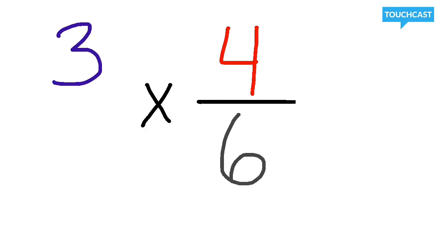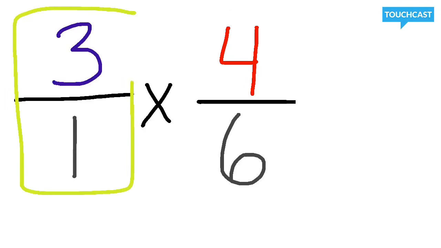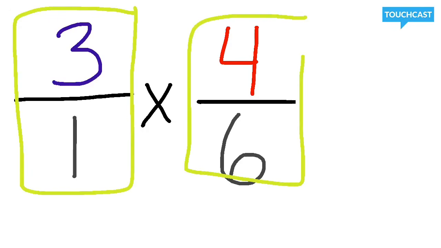Here's my whole number 3, like I just had and erased. Give myself a little fraction line there. And then finally, down below, I'm going to give myself the denominator 1. By doing so, now I have a fraction instead of a whole number. You see that there and this there. Looks pretty easy.